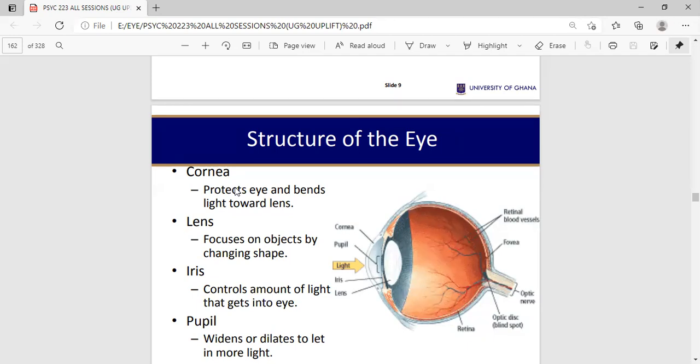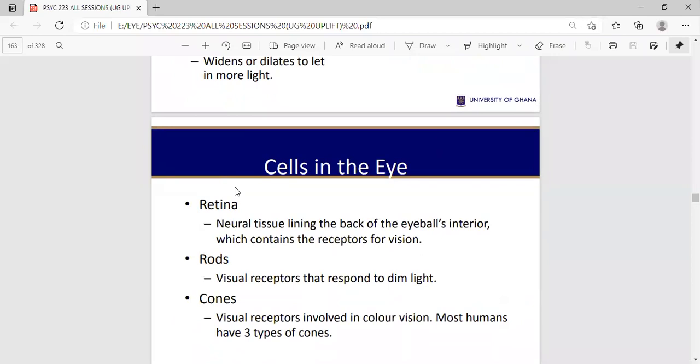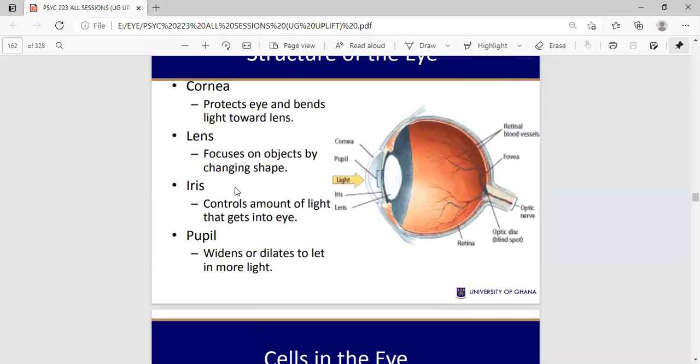If it is daytime, then the cones will be the ones activated. Then afterwards, that kind of information will be projected to the optic nerve.